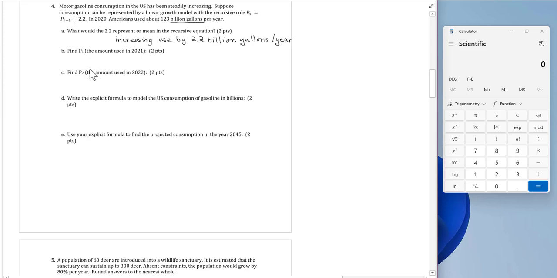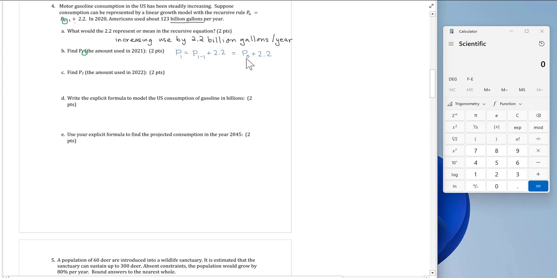Find P sub 1. Well, P sub 1 means that I am taking that 1 and replacing it for n. So if I wanted to find P sub 1, that means that I'm going to take P sub n minus 1 originally, so that's P sub 1 minus 1, plus 2.2. Remember, recursive means that I needed to know the prior year or prior time period in order to figure out the next result or amount.